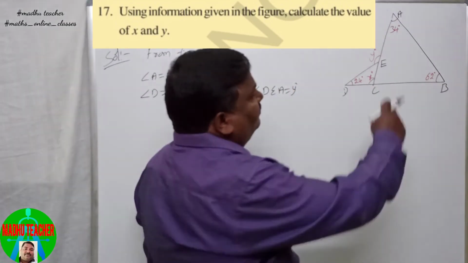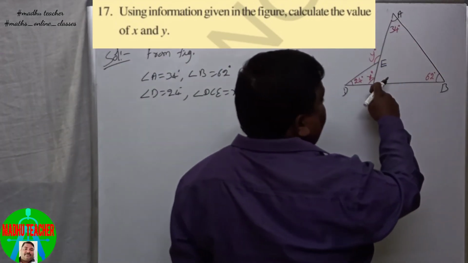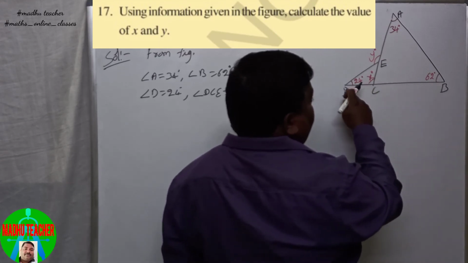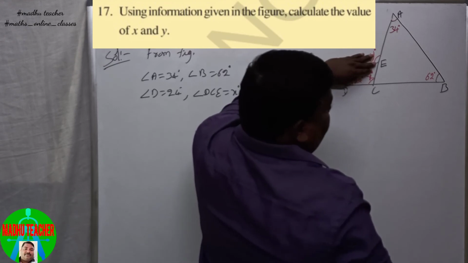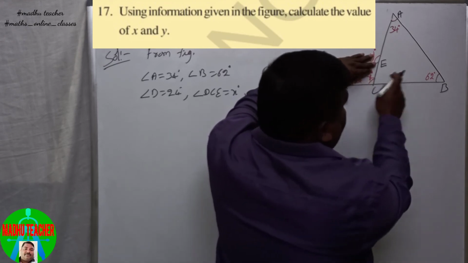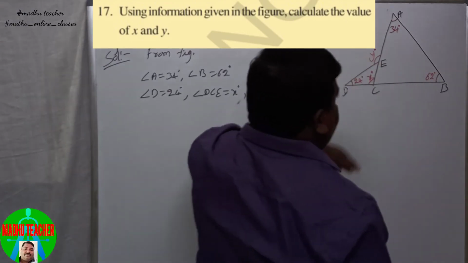Here ABC is a triangle. BC is extended to D. So this is the exterior angle. So exterior angle x equal to sum of opposite interior angles.